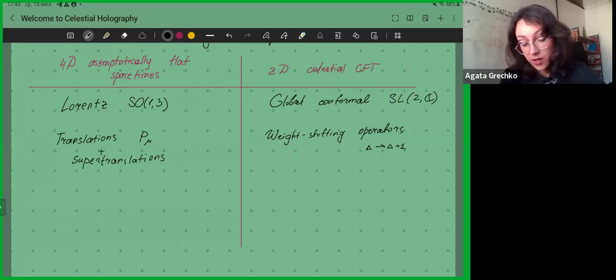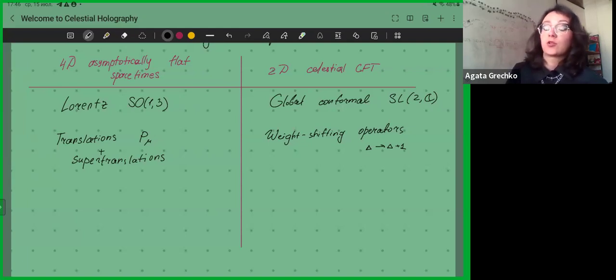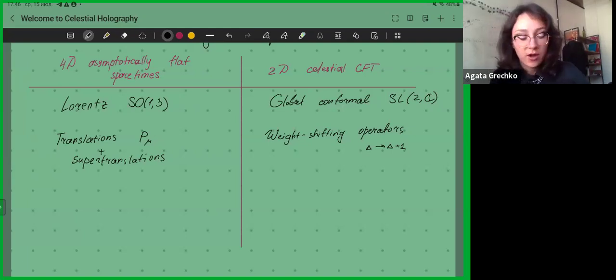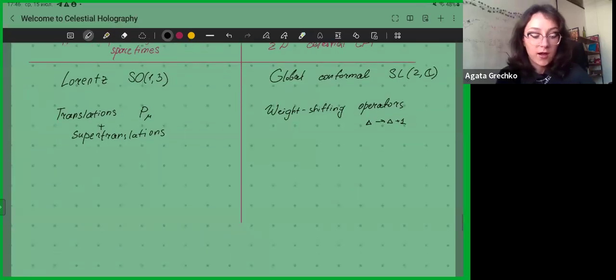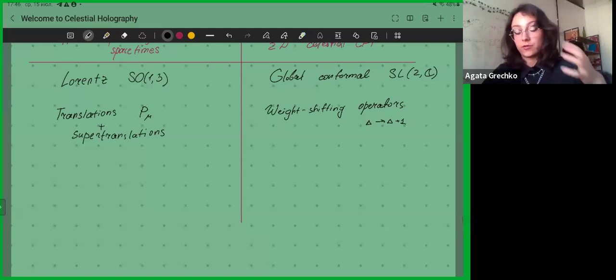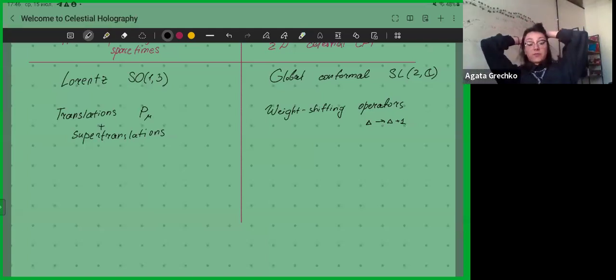From the other side, we have global conformal symmetry, which is SL2C, which is a particular case of local conformal transformations. So we ask ourselves, maybe this is connected somehow. Maybe our super rotations are just local conformal transformations, or any conformal transformations on the celestial sphere.